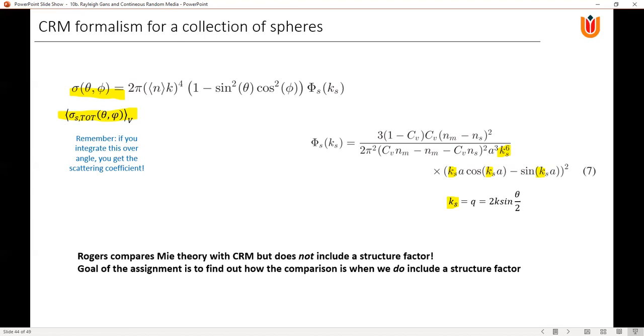CV is the volume fraction, M is the refractive index of the medium, and S is the refractive index of the sphere. A little bit confusing is that he uses symbol K where we used symbol Q. Take care of that as well. But in effect, this can be combined and integrated over angles.